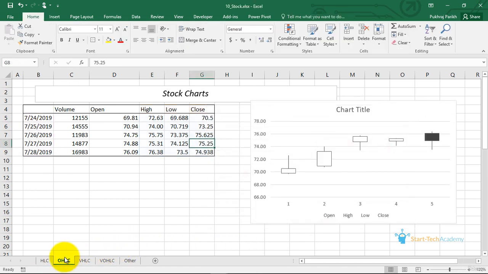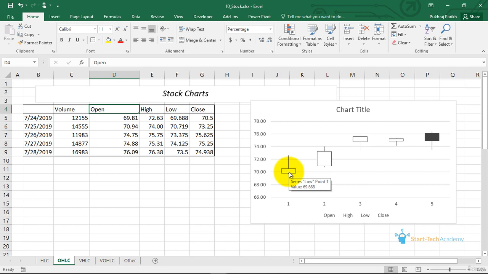The next type is the open, high, low, close. It has additional information, that is what was the price of the stock when the stock market opened. So again, it is similar to the previous one, just you will have to select the opening price column also while drawing, and it has to be in this order: open, high, low, close, so that by default what Excel will draw will be correct.